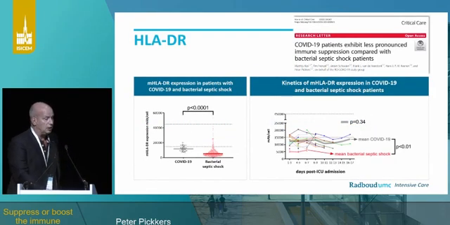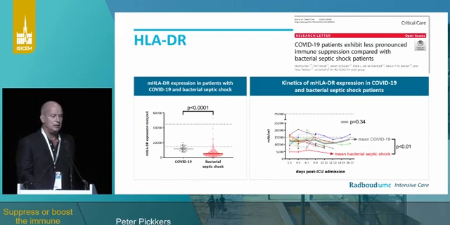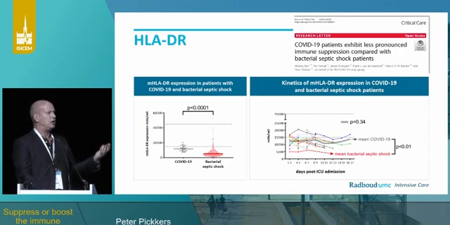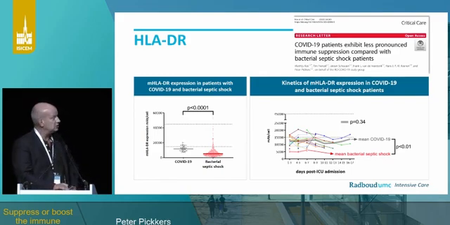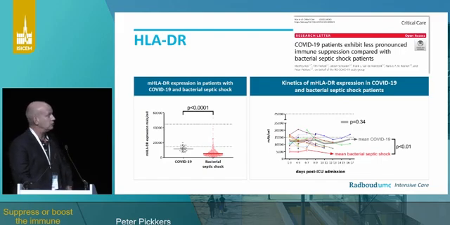We measured HLA-DR expression in our institute because we were interested in immunoparalysis, and we thought that if there's such a cytokine storm at that moment, then it's also likely that these patients become very much suppressed in their immune system. And what we found was that there is some reduction in HLA-DR expression compared to normals, but it's much less pronounced compared to patients in bacterial septic shock.